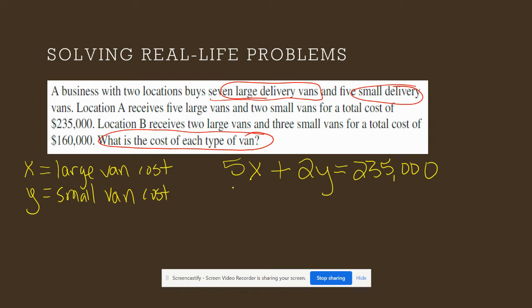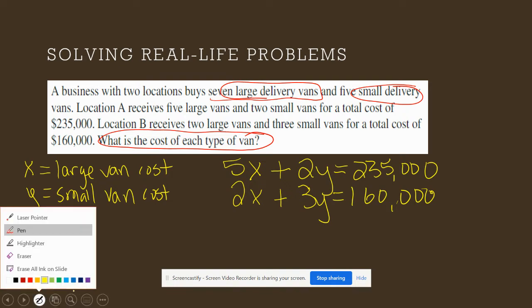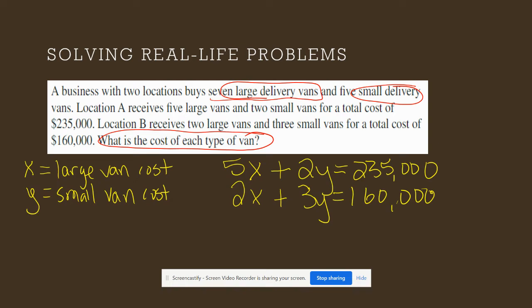Location B has 2 large vans and 3 small vans for $160,000. All right, we got to find the cost. Alrighty, well, we have everything lined up, our X's, our Y's, and our constants.